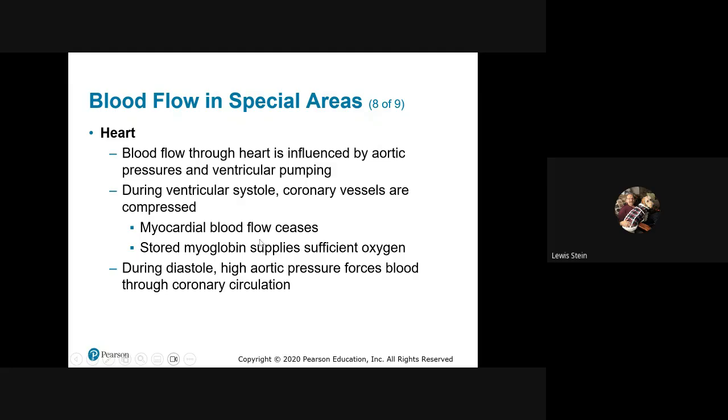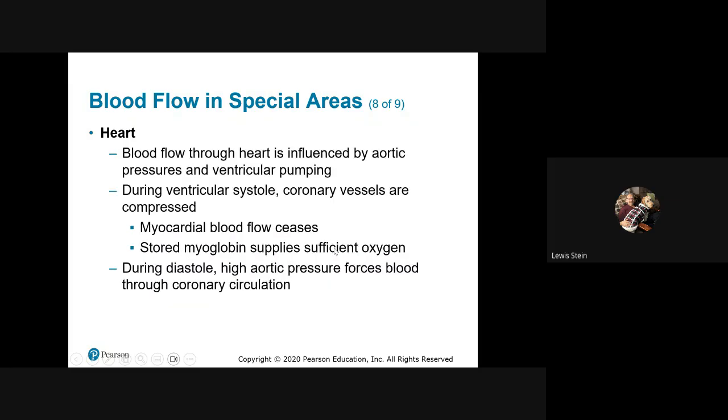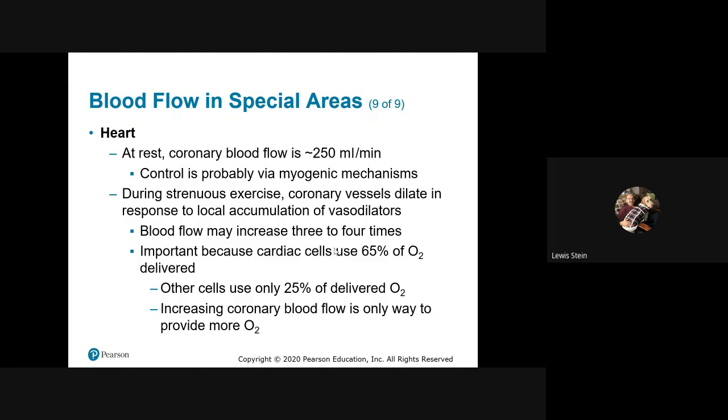Myocardial blood flow ceases. Stored myoglobin supplies sufficient oxygen, thankfully, so the oxygen is maintained. And during diastole, the pressure takes care of the circulation.